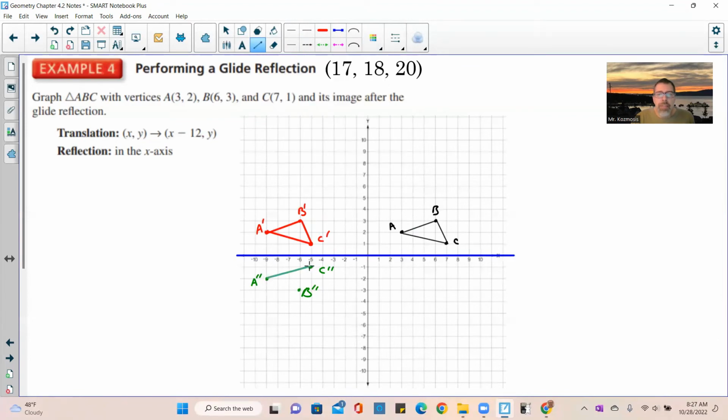So here's segment A prime C prime, and here's segment C prime B prime, or double prime: A double prime, C double prime, C double prime, B double prime, and A double prime, B double prime. So here is the glide reflection of triangle ABC in green. Okay, so that's how you do it. Translate and then reflect. Now you should be able to do problems 17, 18, and 20.